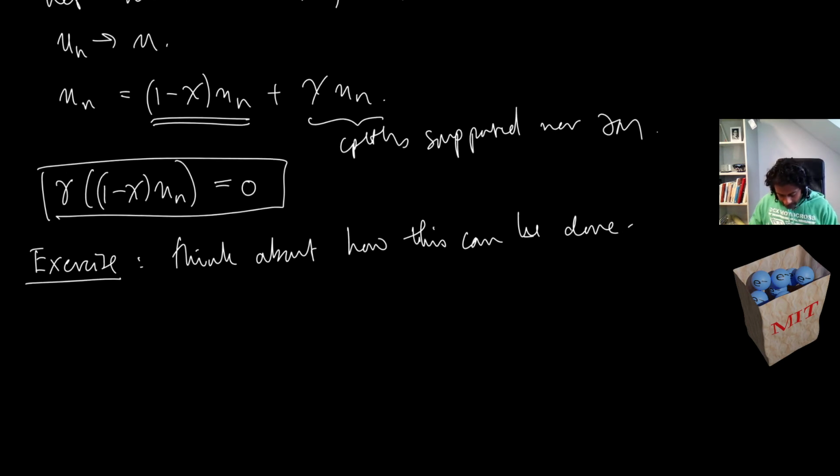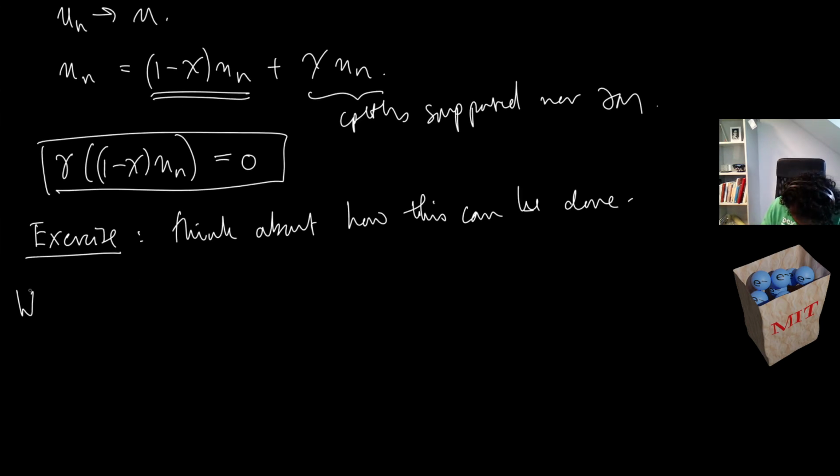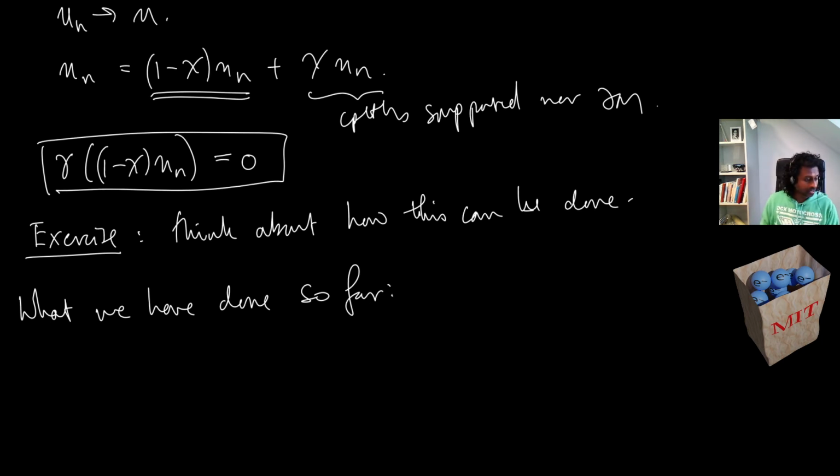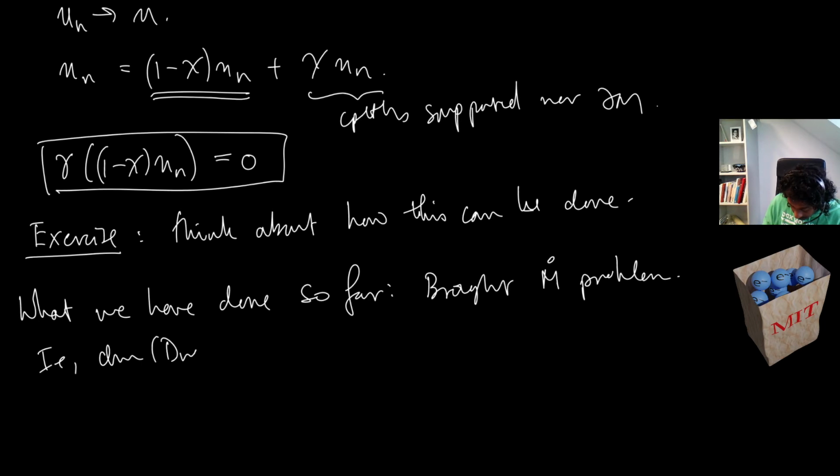So let me just also emphasize what we have done so far. Okay, so what have we done so far? All we've done is we've brought the problem, i.e. dom D max mod out dom D min.